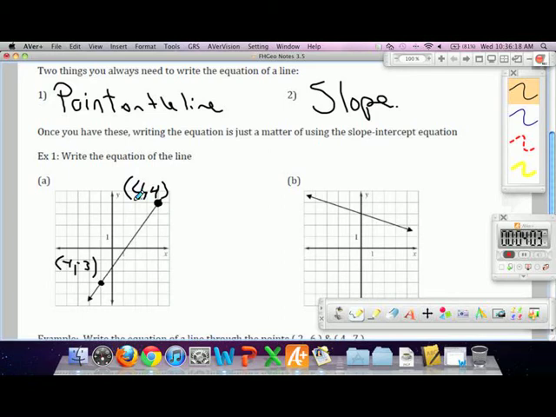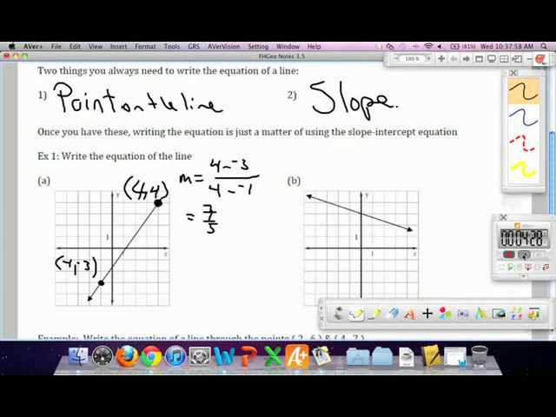We could use the slope formula: 4 minus -3 over 4 minus -1, which gives you 7/5. That would be our slope.